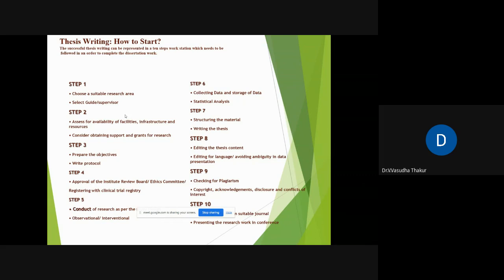The same is proposed to the supervisor, and the supervisor is supposed to accept your idea of research. Followed by, you move on to the next step, where you list what all you require for conducting research.